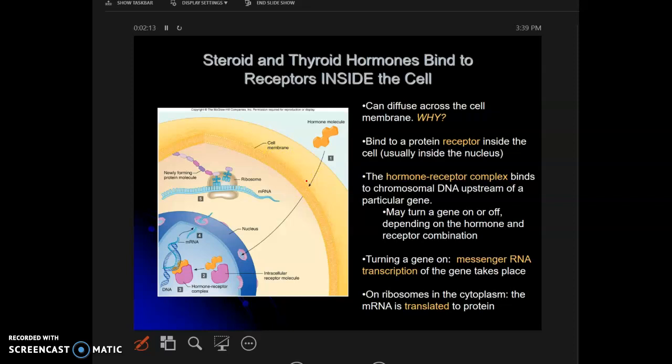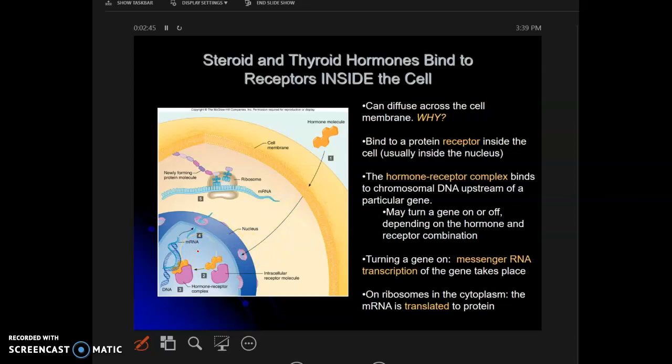Once it fuses, it is pinched off inside the cell and binds to a protein receptor inside the cell. It is then transported to the nuclear membrane. The nuclear membrane is also a phospholipid, where it will detach from the carrier protein and enter the nucleus.